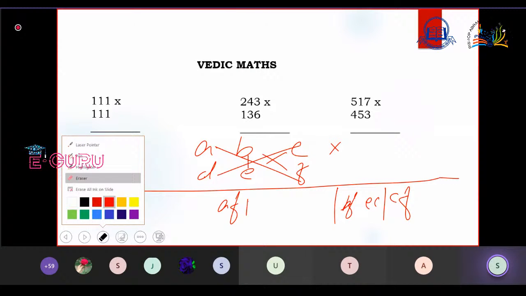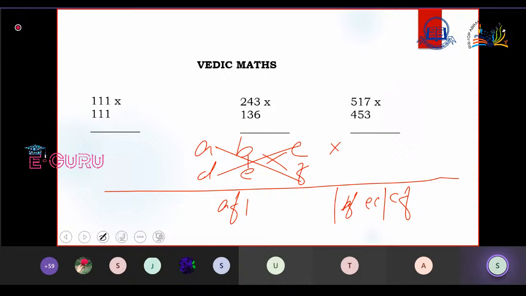Cross multiply and add. AF plus DC plus BE, the center part. Okay.